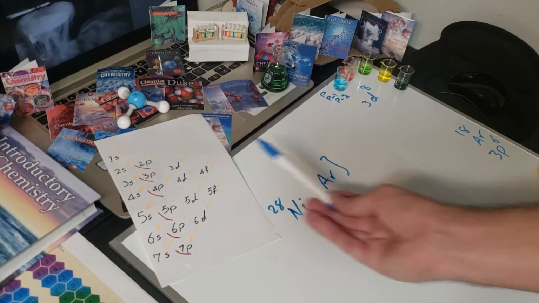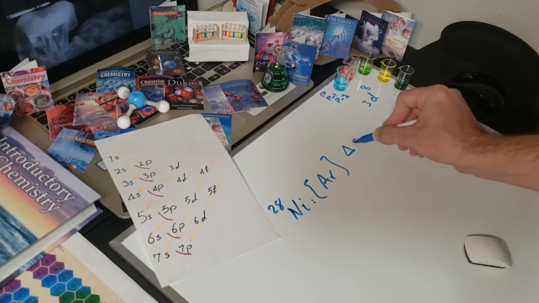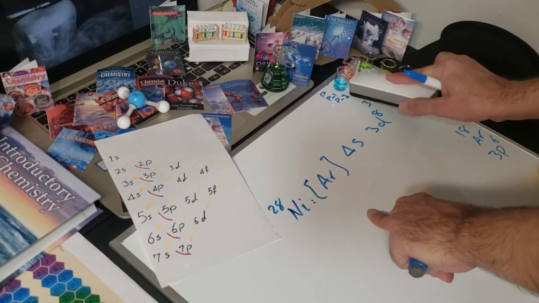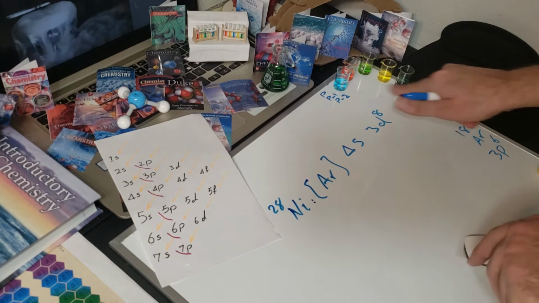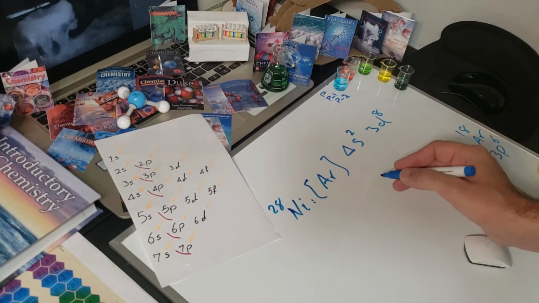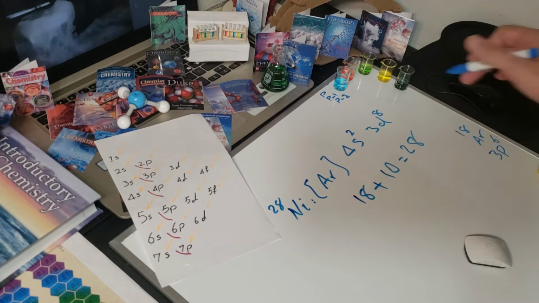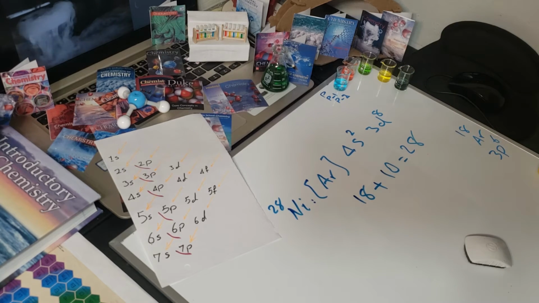That's 3p6, 4s, 3d8. The maximum capacity for s, that makes 18 plus the 10, and that makes 28. Remember, if you have a d4 or d9, you have to borrow one, because d4 and d9 are exceptions.